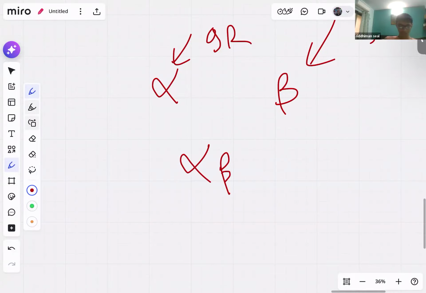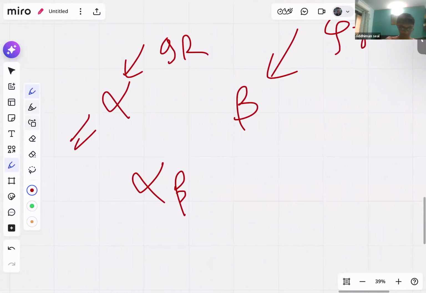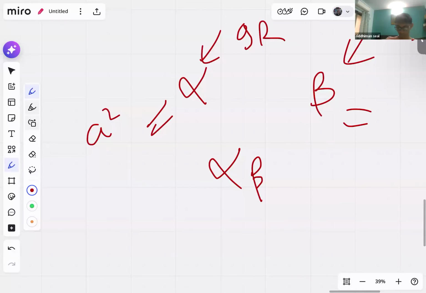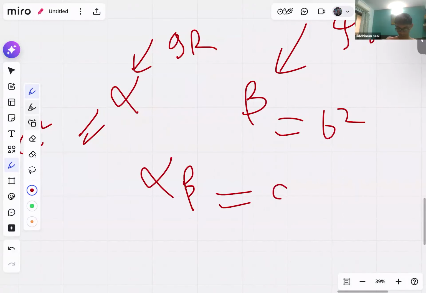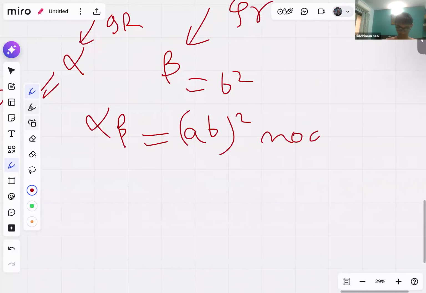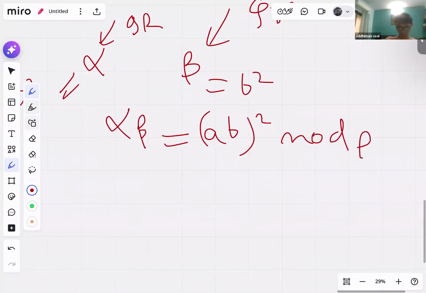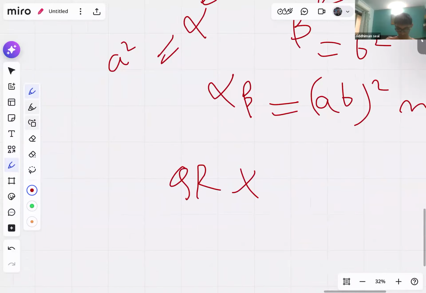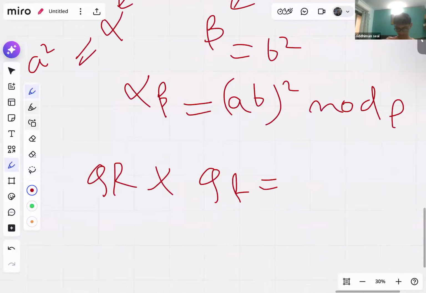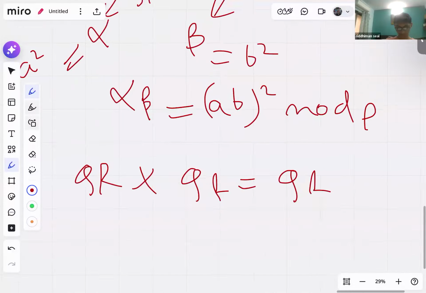Obviously it's a QR, right? Because this is say a squared, this is b squared, so this is just ab the whole square, mod p. So we know that QR multiplied by QR also gives us a QR, right?